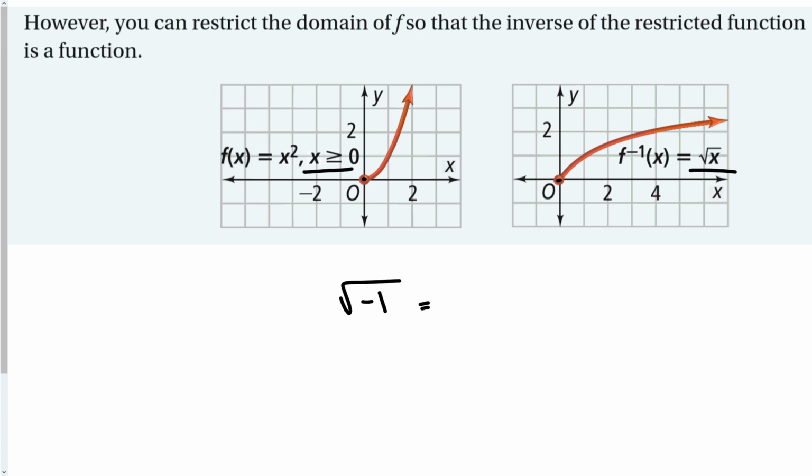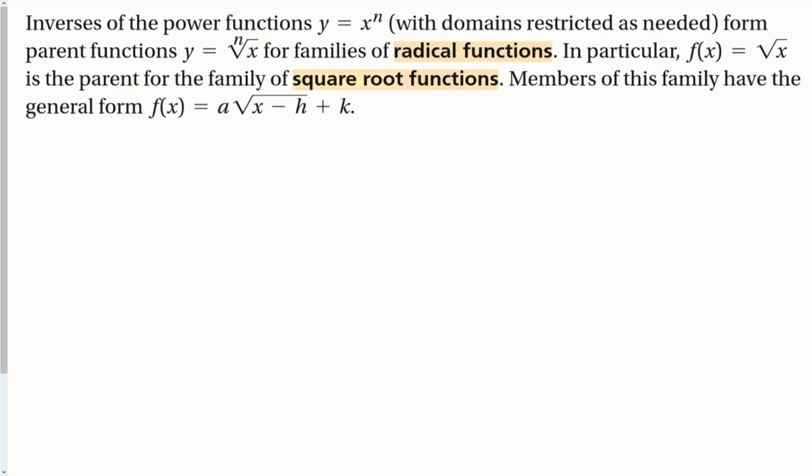The square root of -1 gives us i, which we can't graph on a real number line. So having this point down here wouldn't actually make sense because it's not an output of the radical function. So for these two things to work together as inverses of each other, you do have to restrict the domain of the quadratic function.